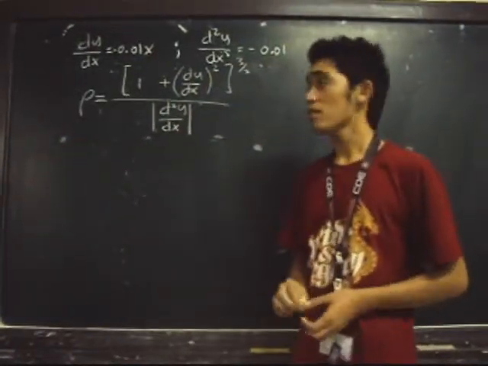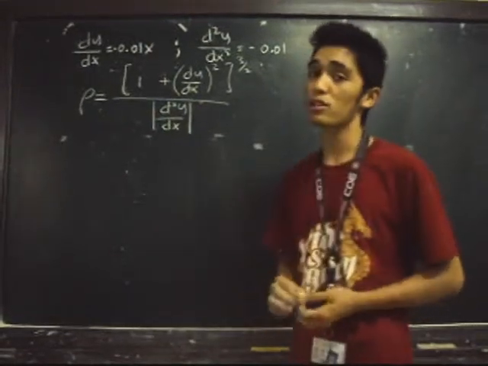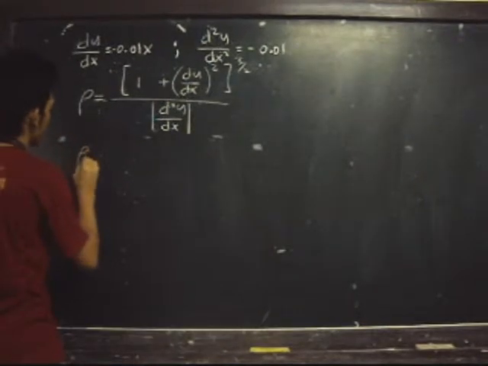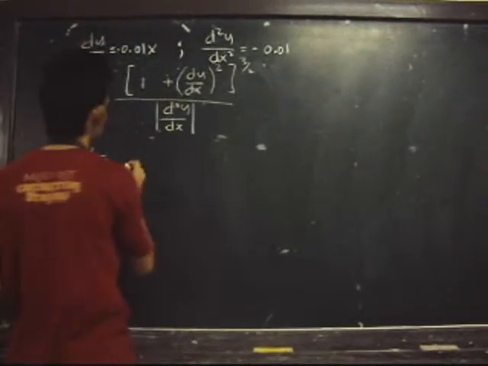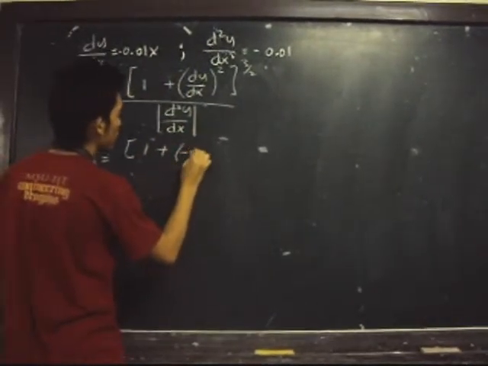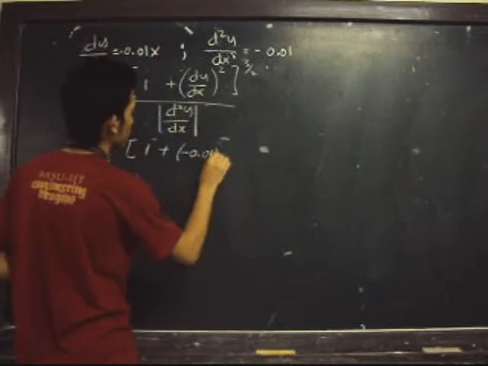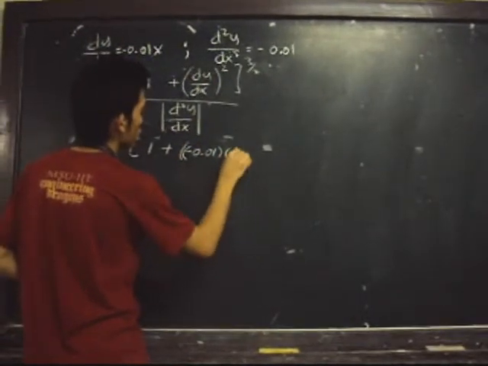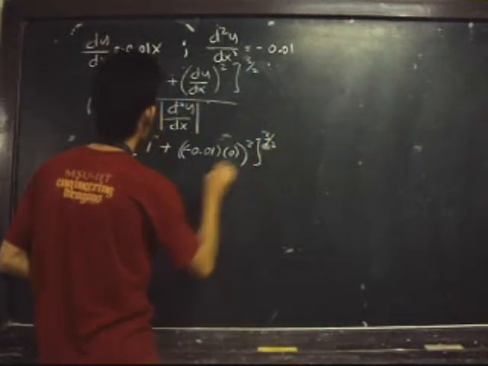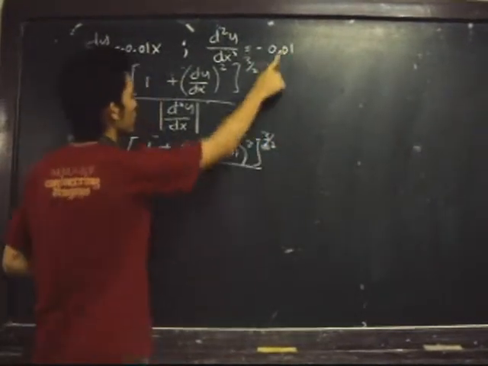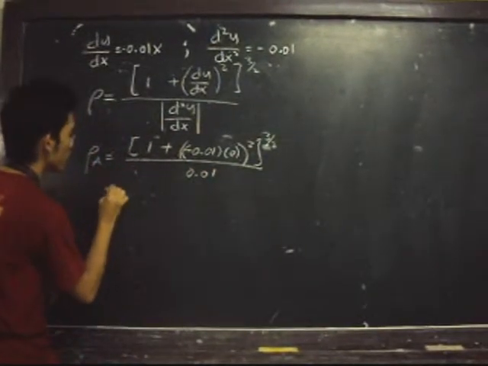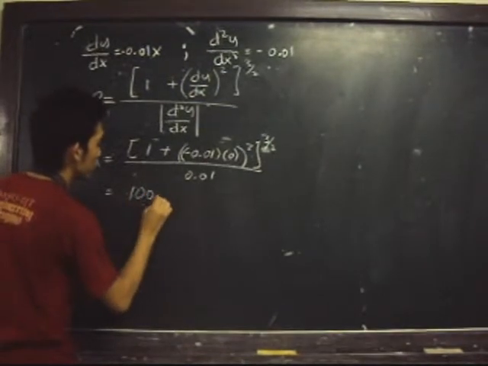For point A, our x is equal to 0. Therefore, given this value, we have the radius of curvature at point A as 1 plus negative 0.01 times 0 squared, to the 3 halves, over 0.01. Then we get 100 meters.